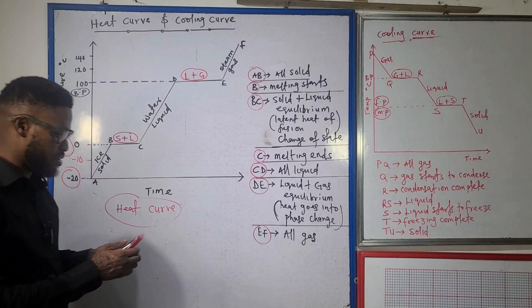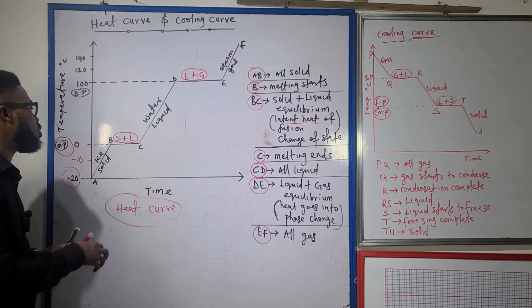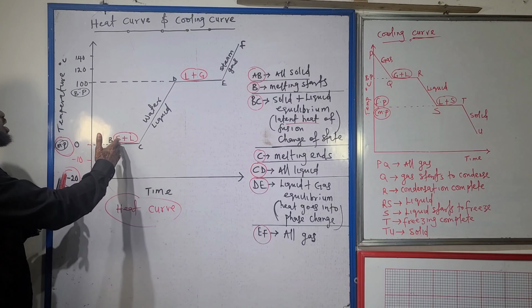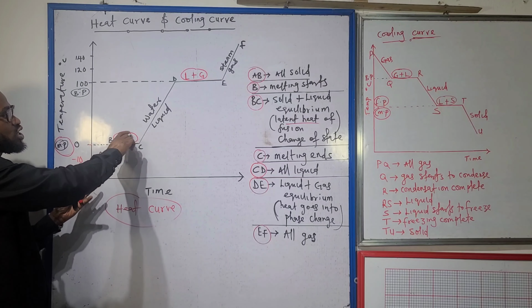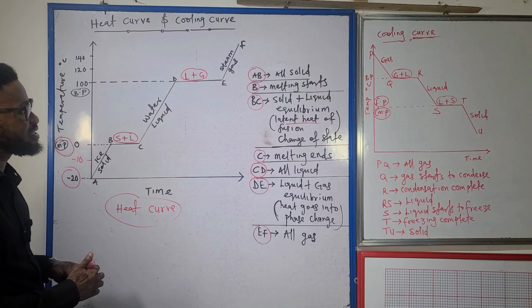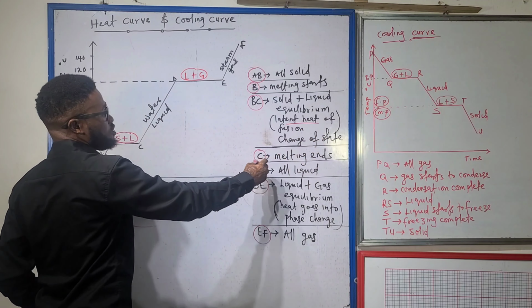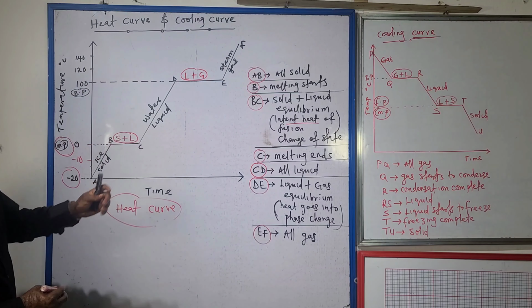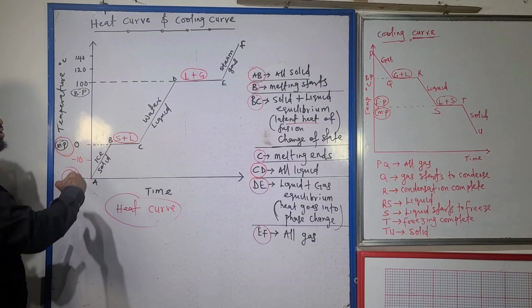The reason why we talk about latent heat, hidden heat, is because at this point, what this heat will do is to break the bonds between solid particles, so that solid now begins to change to liquid. This is why we talk of latent heat of fusion, hidden heat of fusion, because what will happen here is a change of state, and at that point temperature does not rise, temperature remains constant.